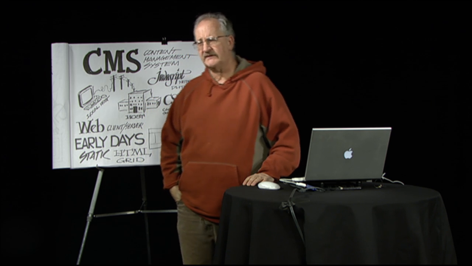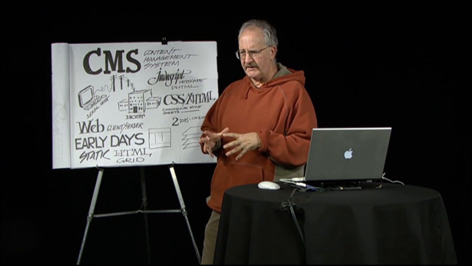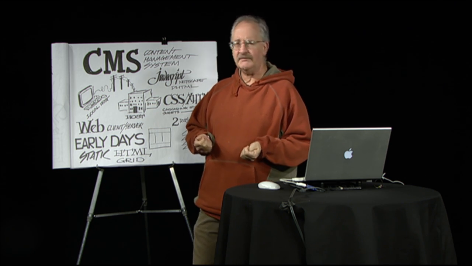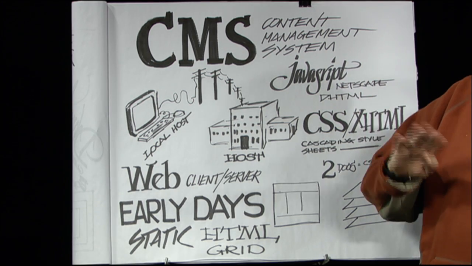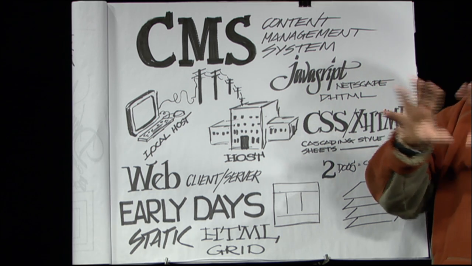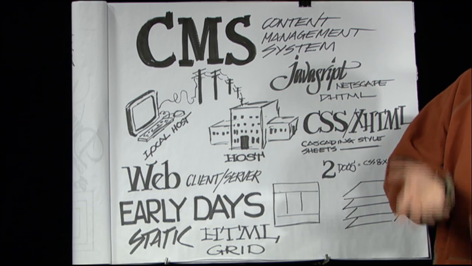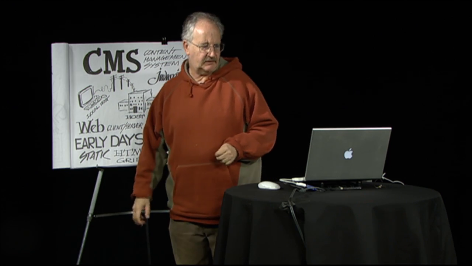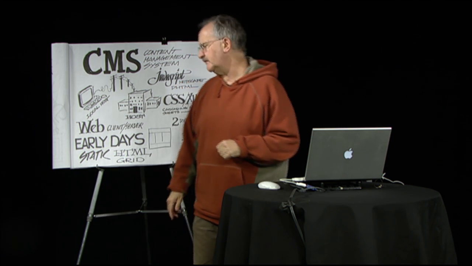So they developed a programming language called JavaScript. This is what would give you all the mouse overs and interactive features that brought HTML to a new level, which they call DHTML.